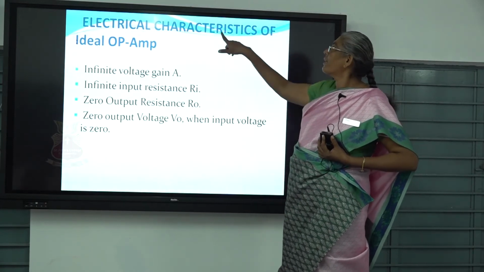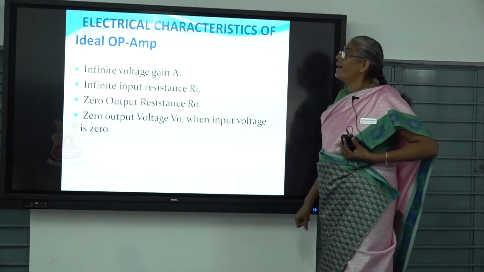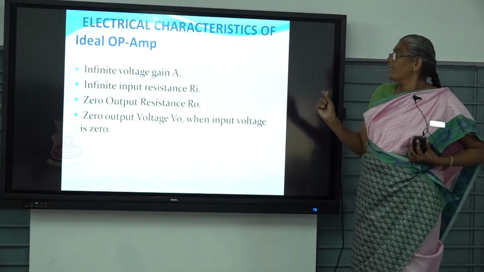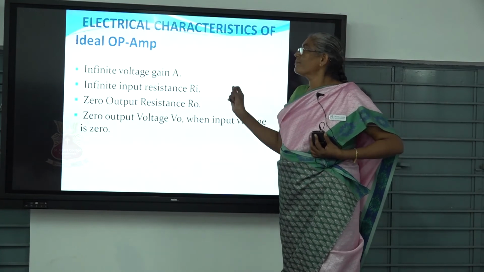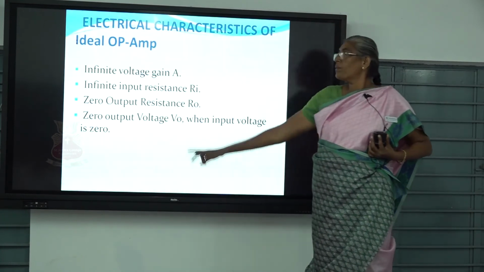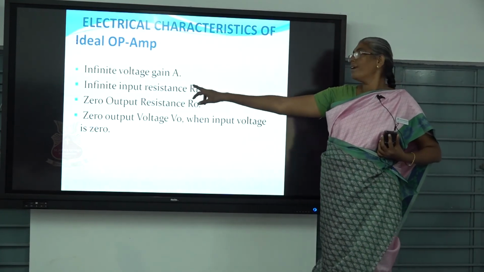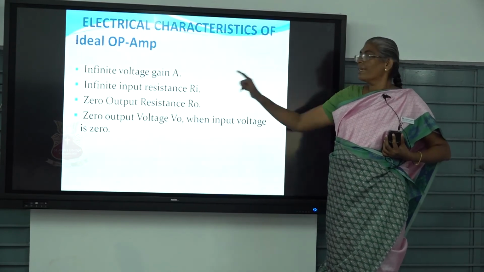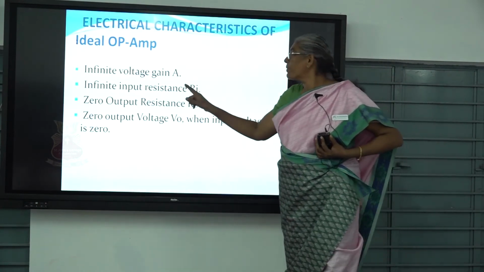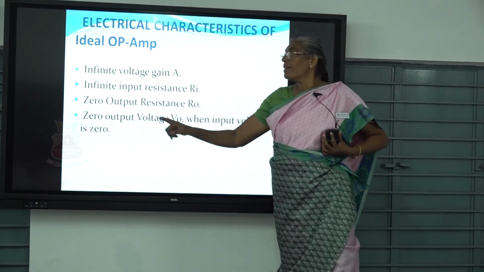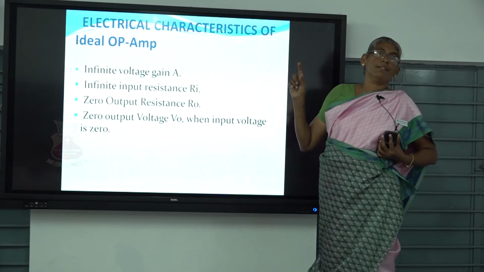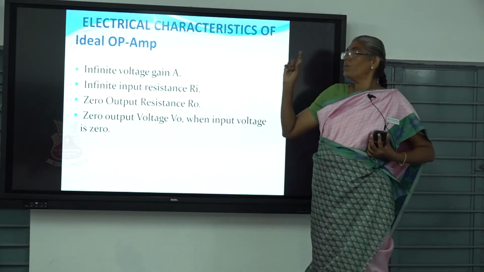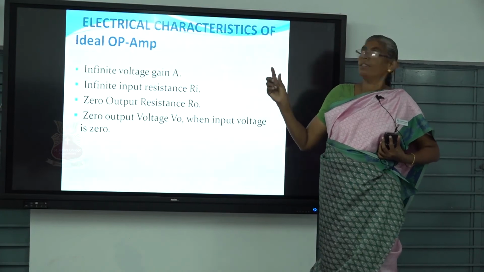Then next, electrical characteristics of the ideal op amp. For the ideal op amp, there are 7 electrical characteristics. First one is the infinite voltage gain A. The voltage gain is very large.